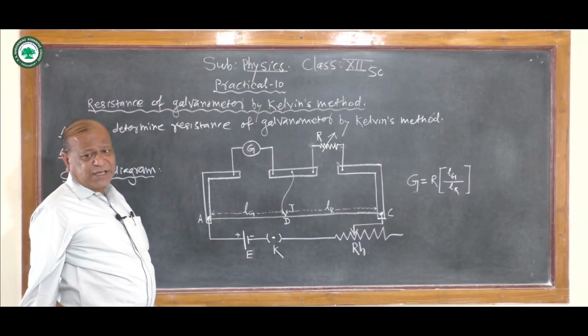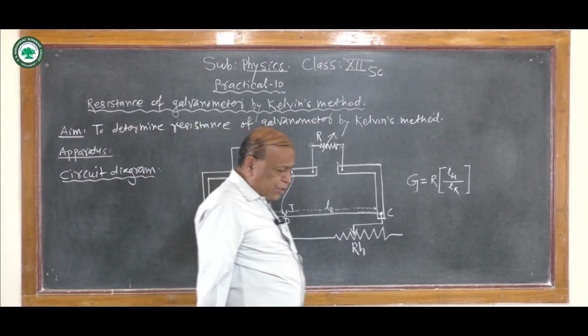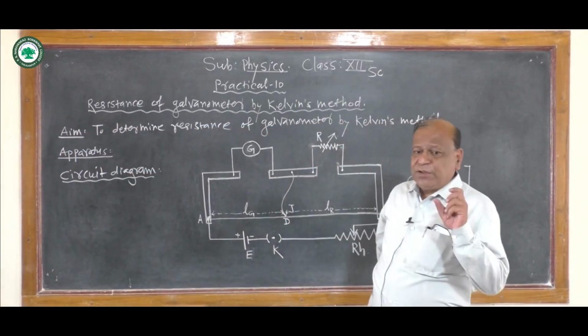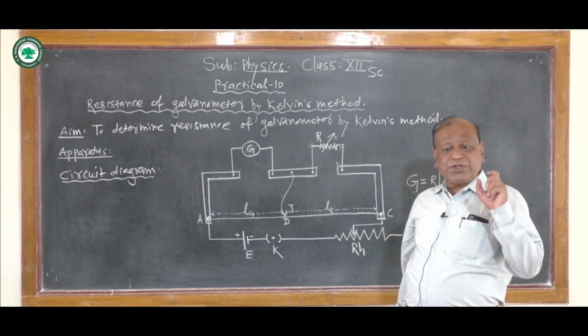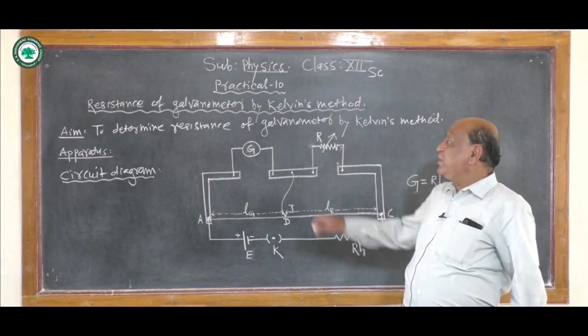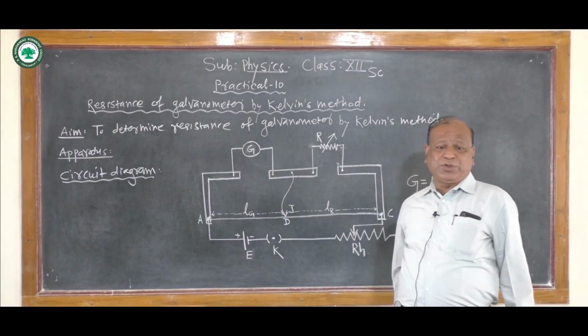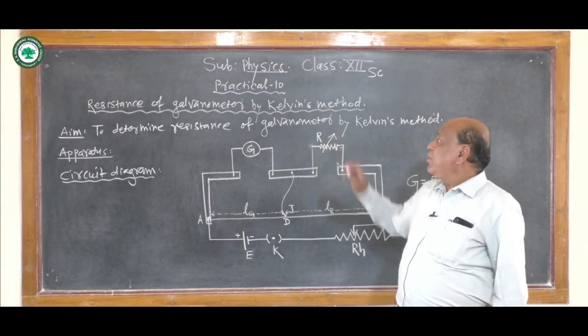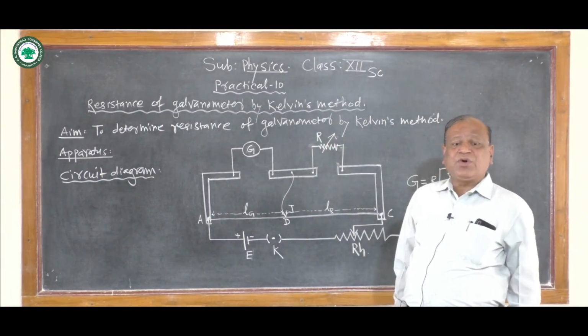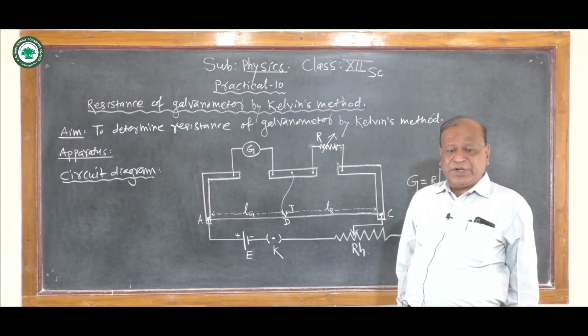Kelvin is again the name of a scientist. He gave the idea of using the Wheatstone's meter bridge to determine the resistance of a galvanometer. This is called Kelvin's method.